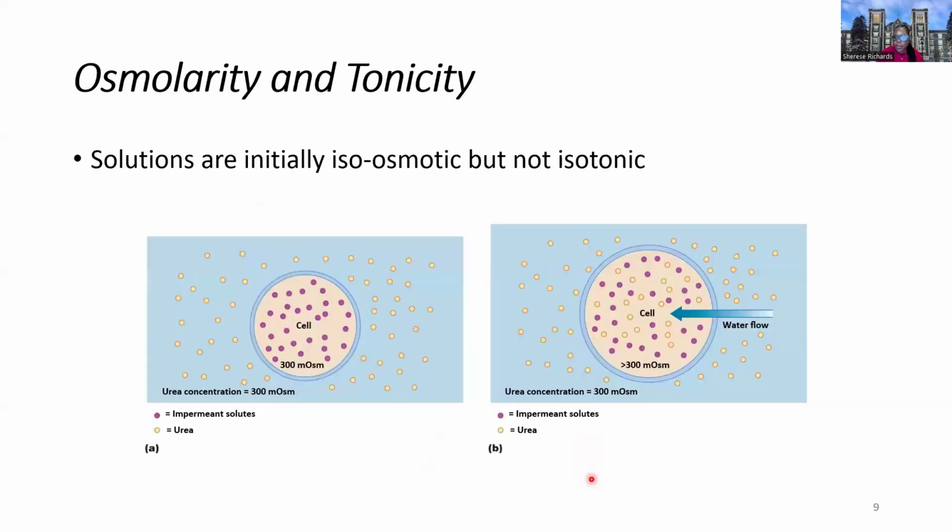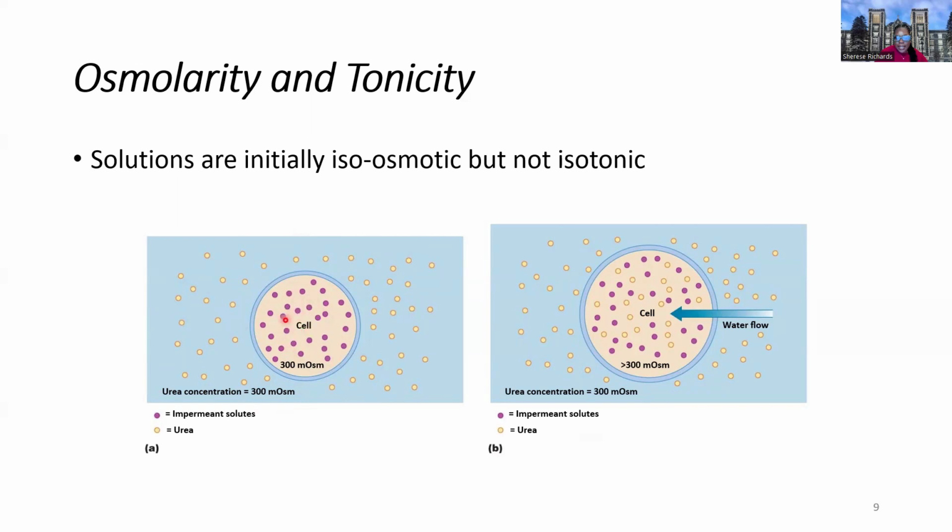Let's look at an example and help illustrate what that means. So how do we differentiate osmolarity and tonicity? Now, in the example here on the left, we're looking at the osmolarity, right? We're looking at all the solutes dissolved. So if we take all of the solutes dissolved into account, outside of the cell, we have urea dissolved. So this 300 milliosmol is the osmolarity of the solution outside the cell. 300 milliosmol is the solution inside the cell as well.